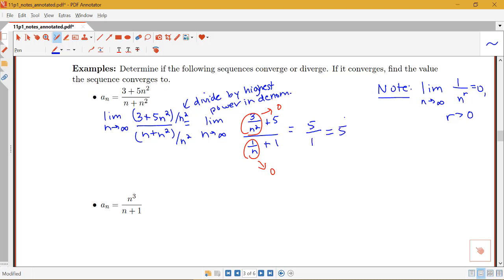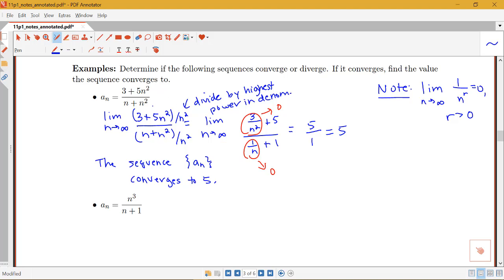So we can say that the sequence in this example, our sequence a_n, we can just write shorthand {a_n} in curly braces, converges to 5. Notice that the 5 that we got here could also have been found with a shortcut by noticing that I have the same highest degree of n in the numerator as the denominator.